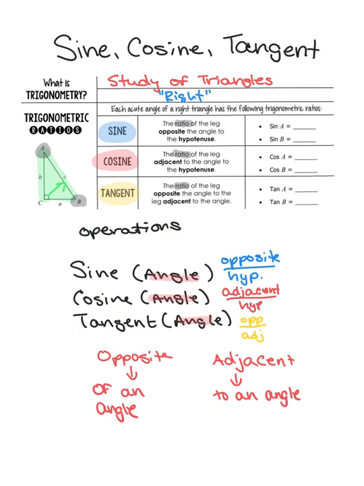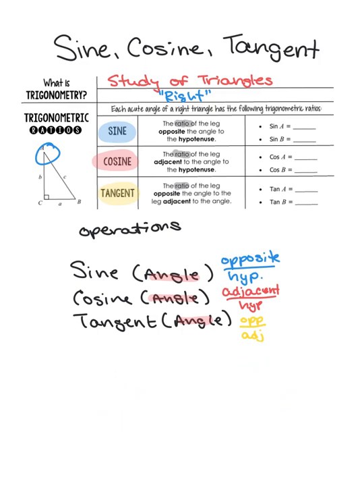So when we look at this in terms of our triangle, we're going to start by focusing on angle A. I'm going to draw this triangle a little bit larger so that we can actually see what's going on.